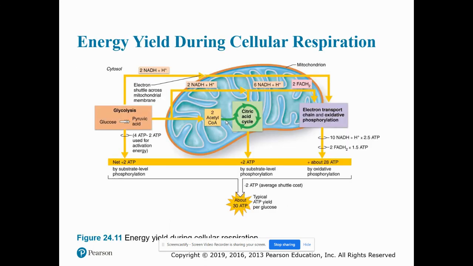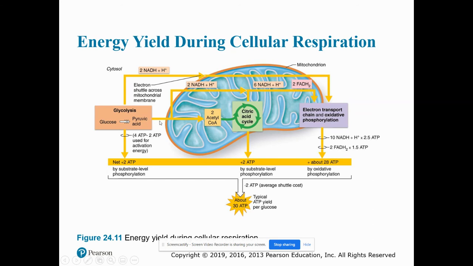Ooh, complicated diagram, but it's really not that bad. So let's look at it in little chunks. We have glycolysis, and in glycolysis, we're taking glucose and converting it to pyruvic acid. We are going to make 2 ATP via substrate level phosphorylation, and we are also going to send 2 NADH to the electron transport chain and oxidative phosphorylation.